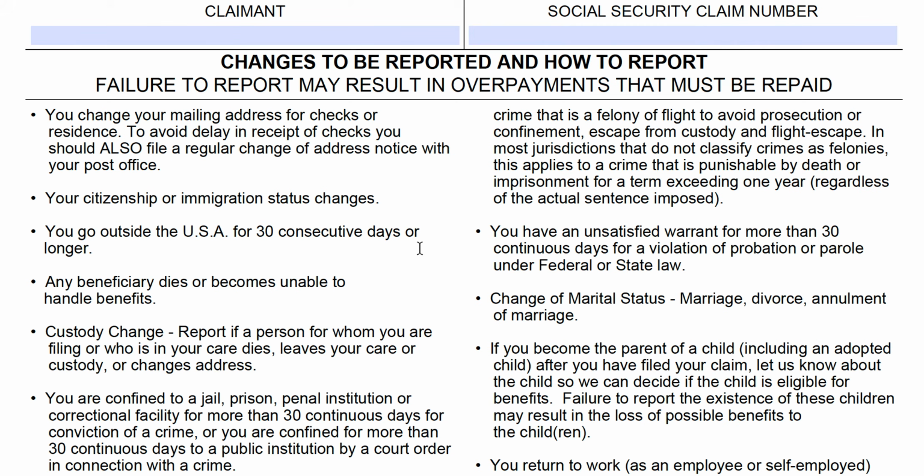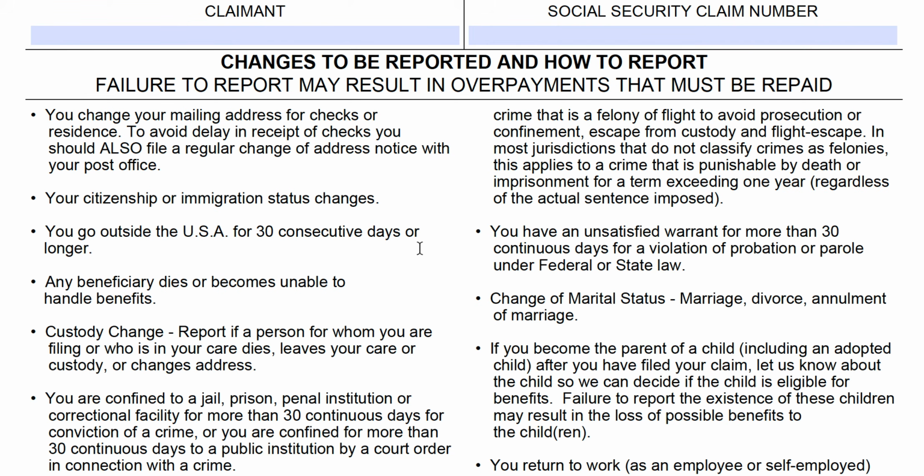So anything with respect to the change in status, whether it's legal status, marital status, your address, if your condition improves, if you start receiving benefits from another source, all of those are changes that might impact your disability benefits. And if you don't report them, then you may receive overpayments that the Social Security Administration will be seeking to take back.